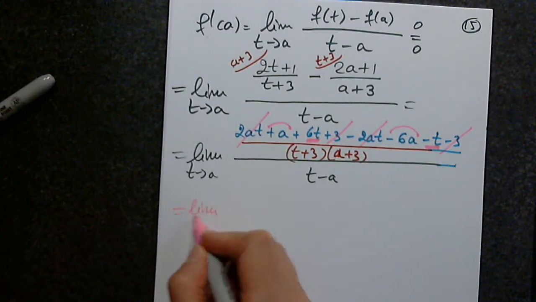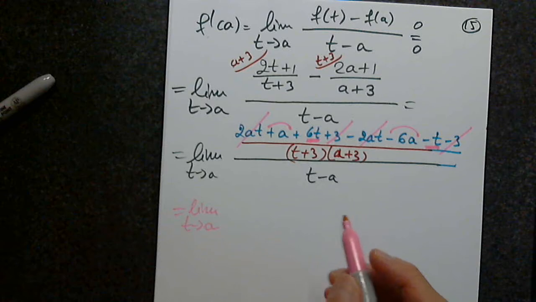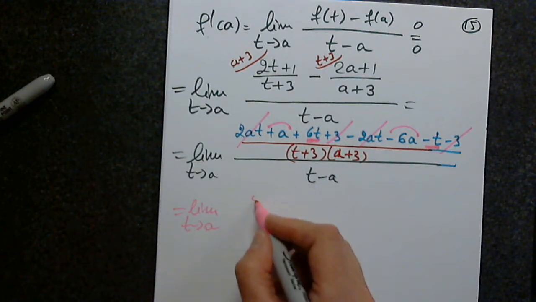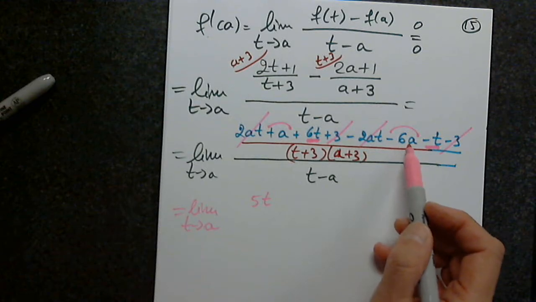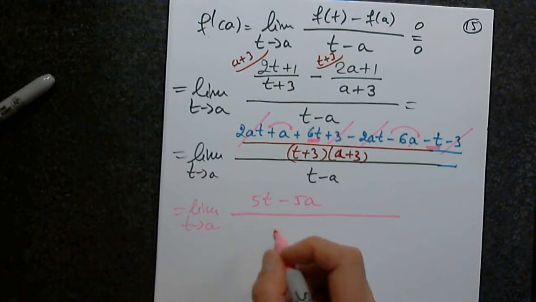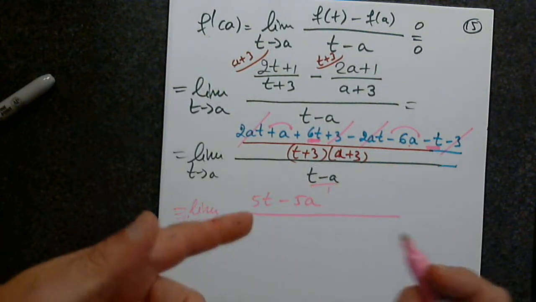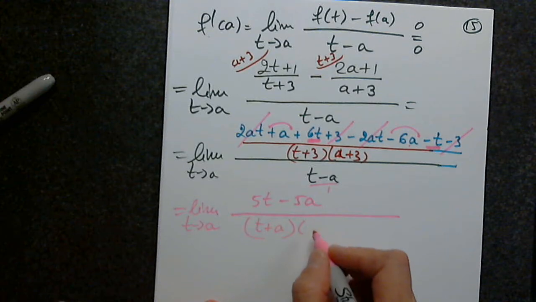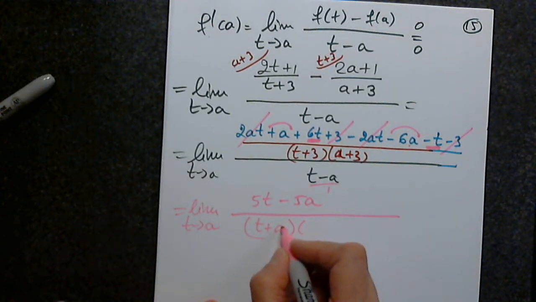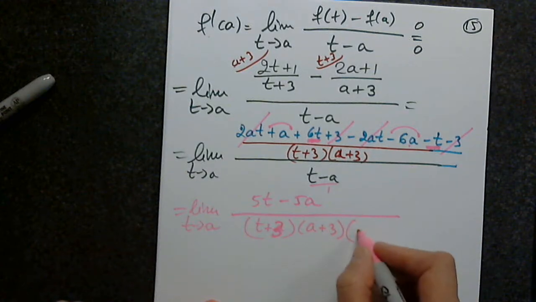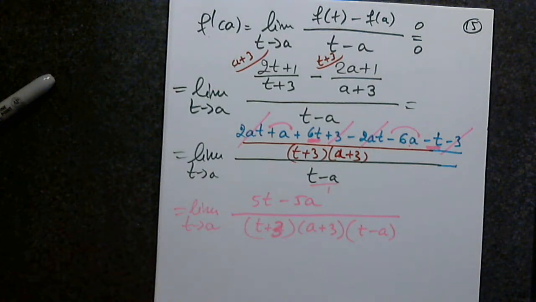So limit t approaches a. 6t minus t will be 5t, and minus 6a plus a will be minus 5a. Do you see where? Then this is over 1, so I'm going to flip. So t plus 3, a plus 3, and t minus a.